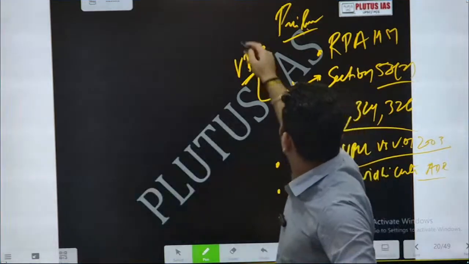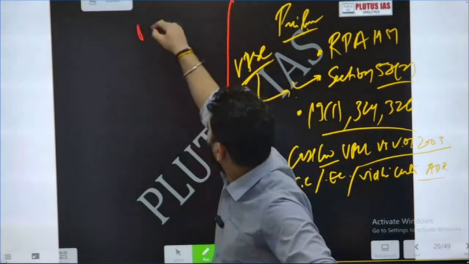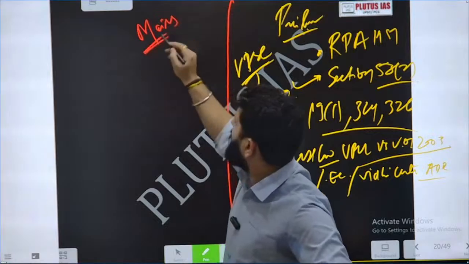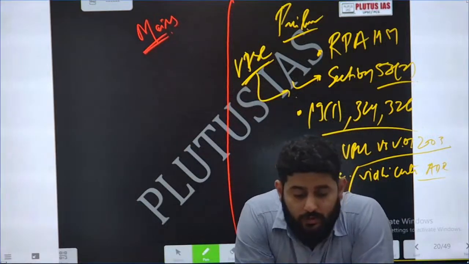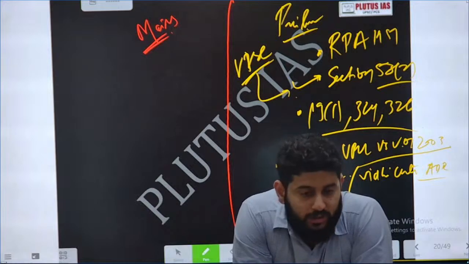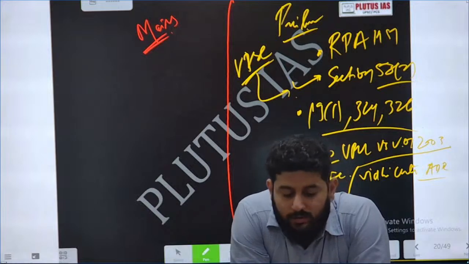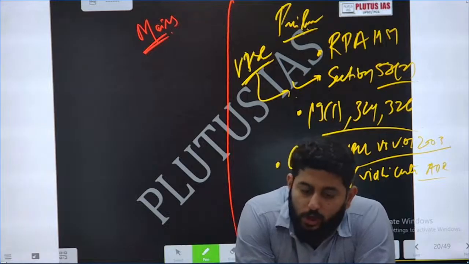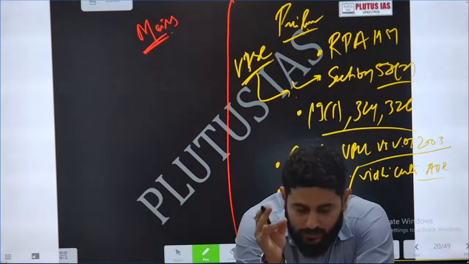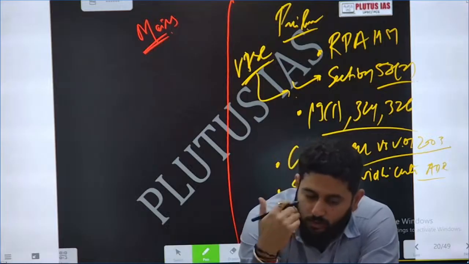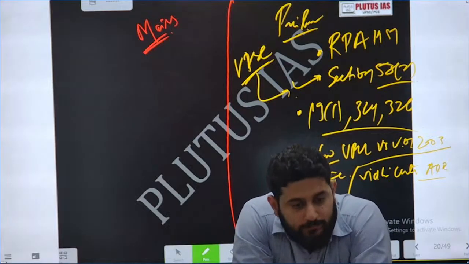Let's write about it, directly in GS2. ठीक है. अब in GS2 there is polity, governance and constitution. So in that polity and governance, the relevant syllabus area is: structure, organization, and functioning of the executive and the judiciary.